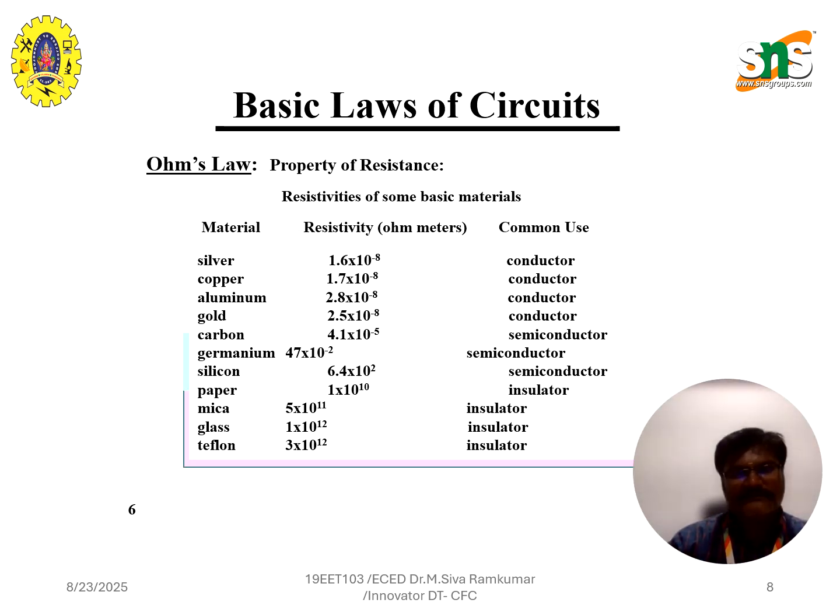Now let us extend our discussion to resistivity rho, which is an intrinsic property of a material determining its resistance per unit length and cross-sectional area. The resistance of a conductor is given by R equal to rho L by A, where L is the length and A is the cross-sectional area.